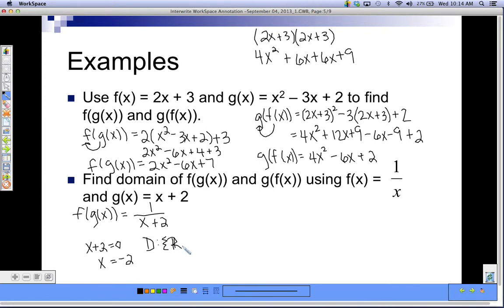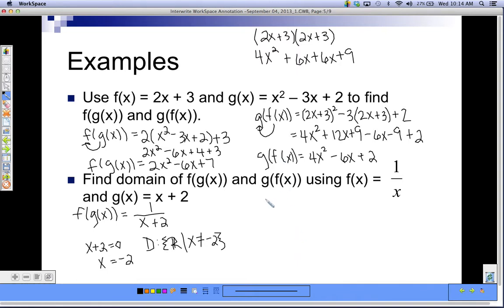There's your all real number symbol, such that x cannot equal -2. So it's all real numbers. This line here means such that x cannot equal -2.